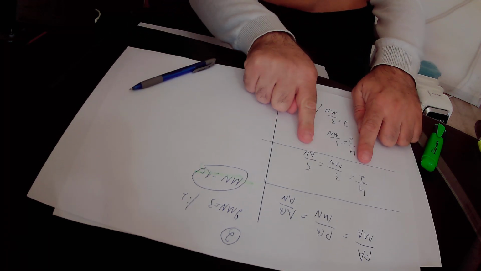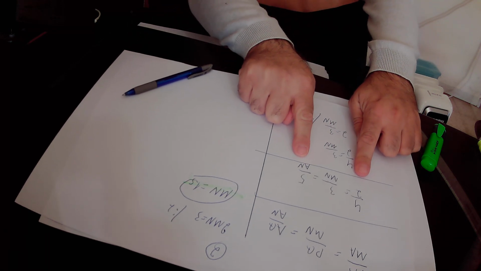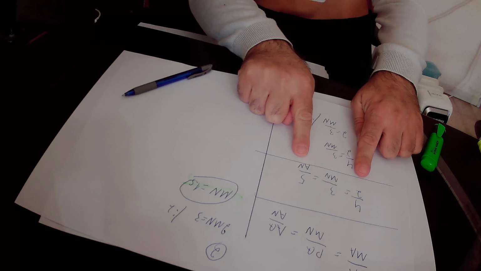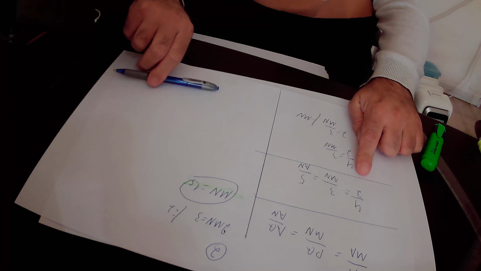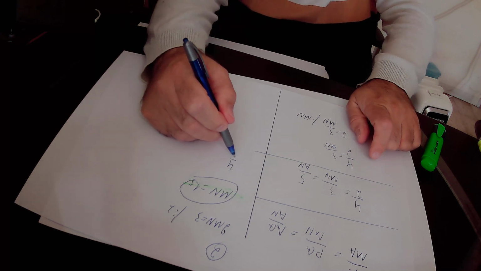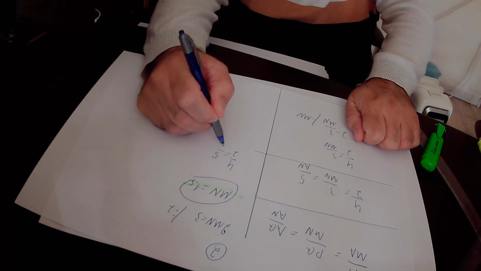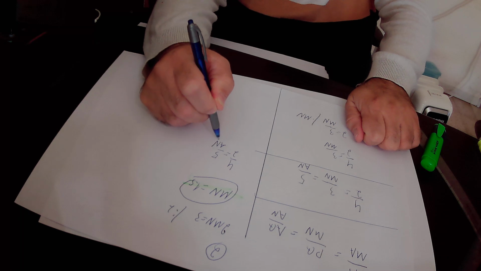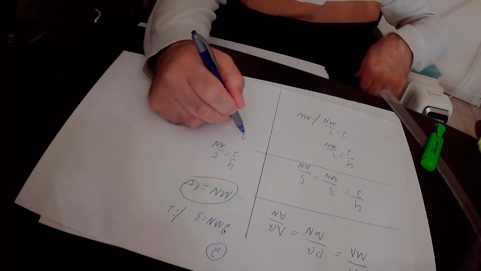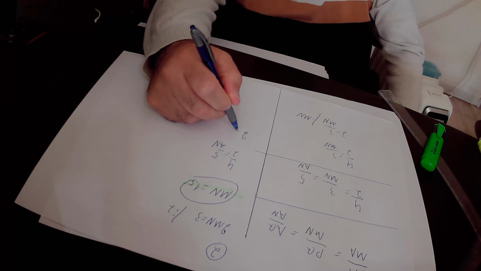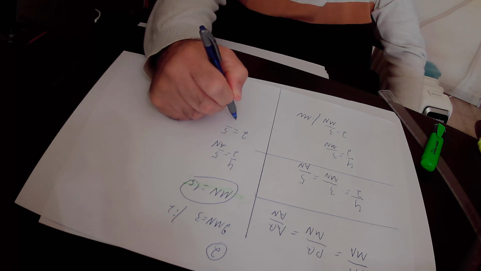From this equation, we conclude that 4 over 2 equals 5 over AN. 4 over 2 is 2, and it is equal to 5 over AN.